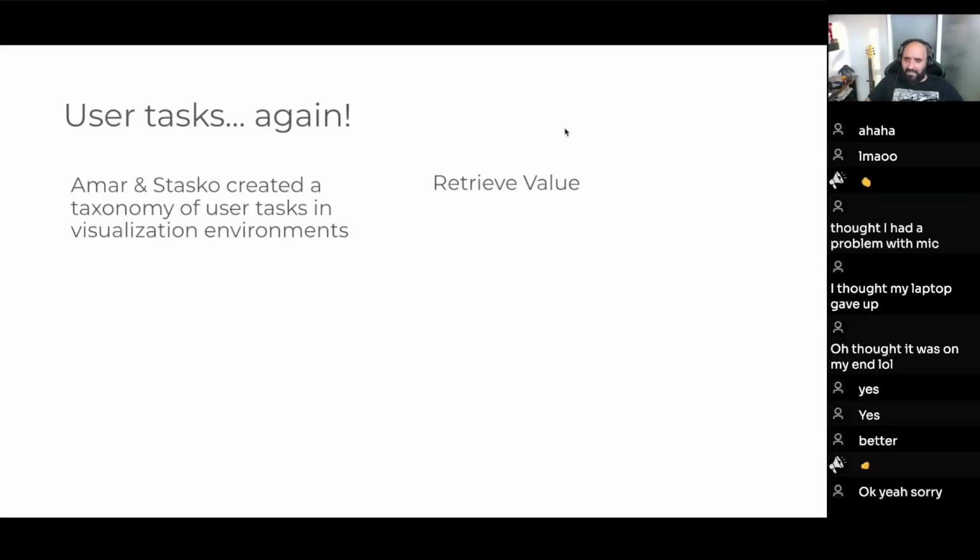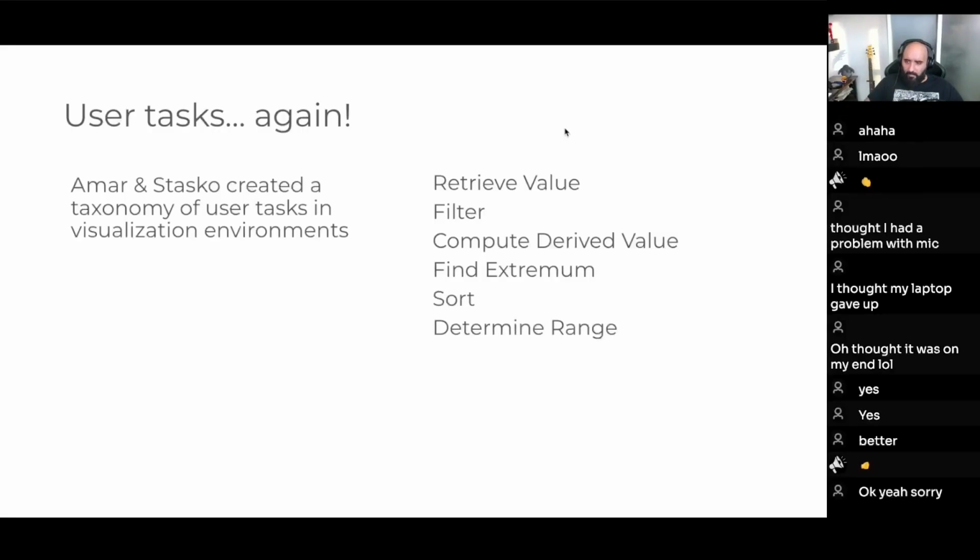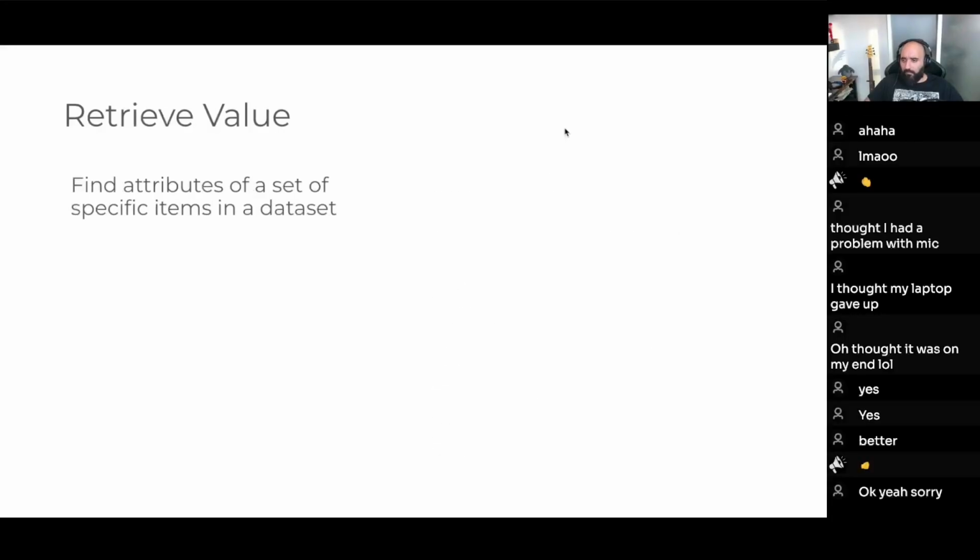Some of these tasks are retrieve value, filtering data, compute a derived value, find extremum, sort the values based on something, determine a range, characterize a distribution, find anomalies, and cluster and correlate. Okay?